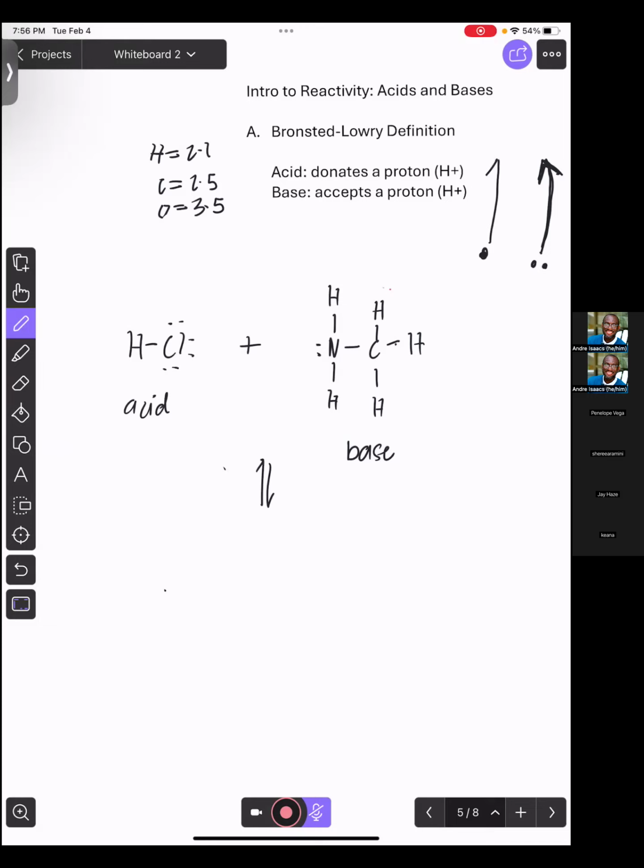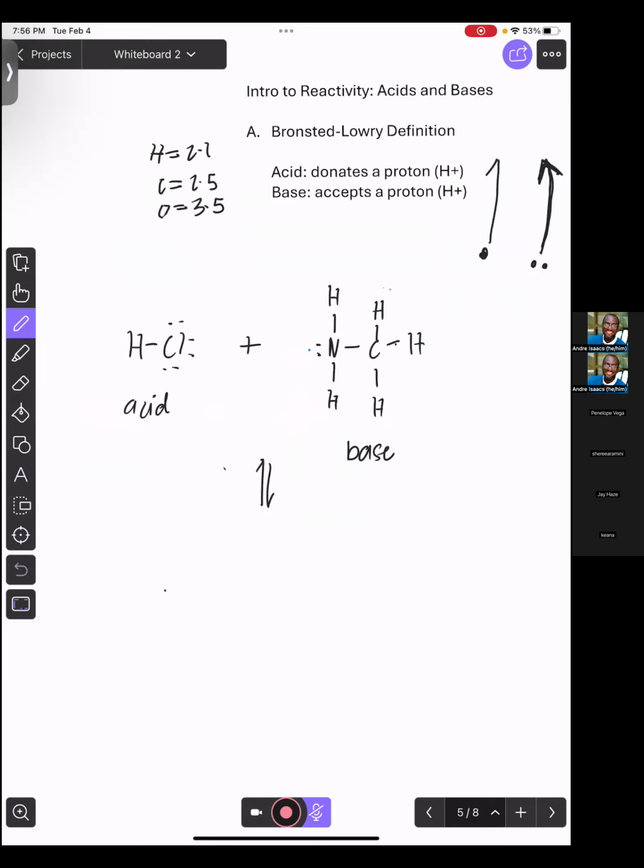Are we ready? All right, can someone tell me which atom is going to be sharing its electrons with a hydrogen that's in a toxic relationship on the left side? Which atom has electrons to share? The nitrogen, right? Yes. The nitrogen has electrons. I drew them in for you.